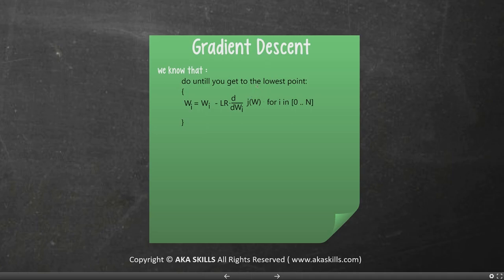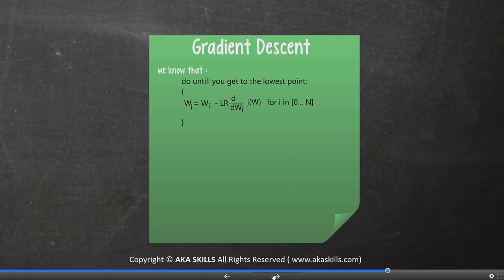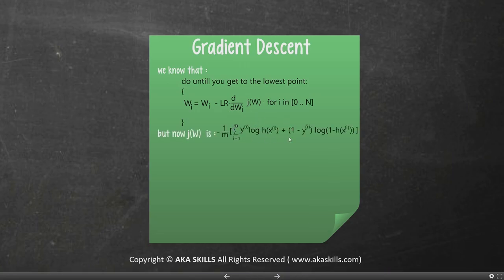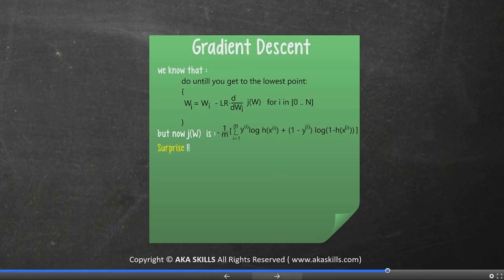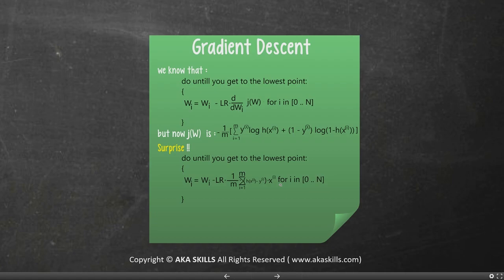As anyone can assume, a totally different cost function means a totally different derivative. But we have a surprise for you. We're going to have exactly the same gradient descent phrase as the linear regression gradient descent.